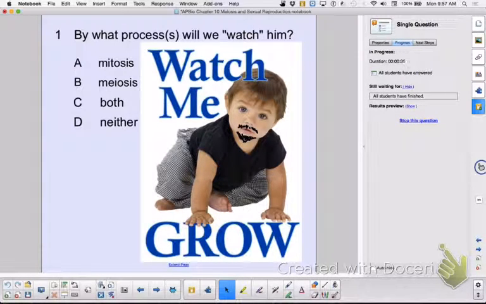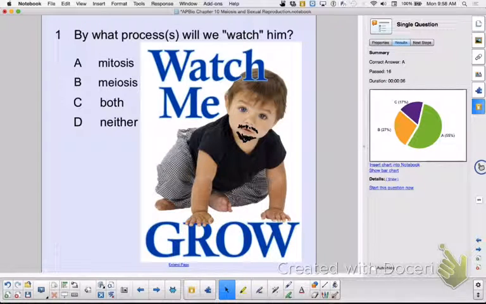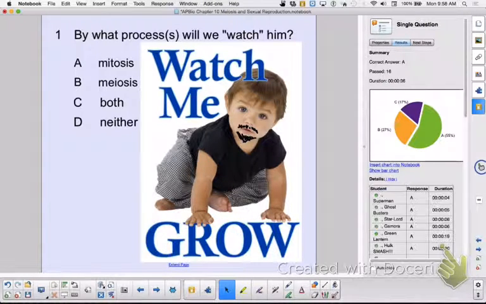Baby is growing, how do we watch him? What is he doing? He is doing mitosis. My arms. Easy peasy, lemon squeezy. Okay, he is doing mitosis. 27% of you said meiosis.